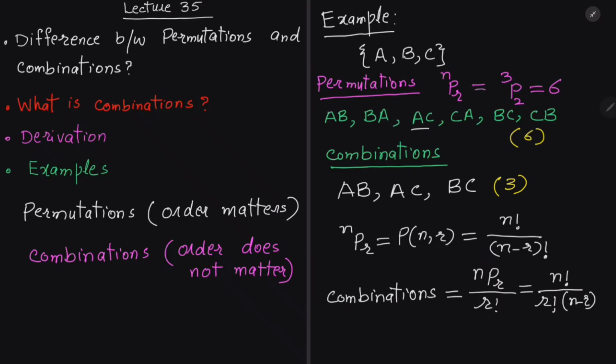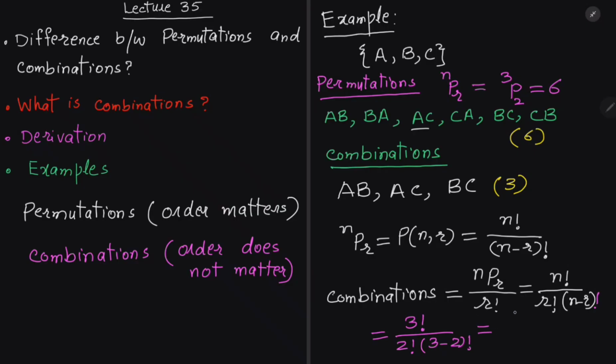If you just want to check whether this formula is correct, we can see that for this particular example, we have n is equal to 3, r is equal to 2, and n minus r is 3 minus 2.